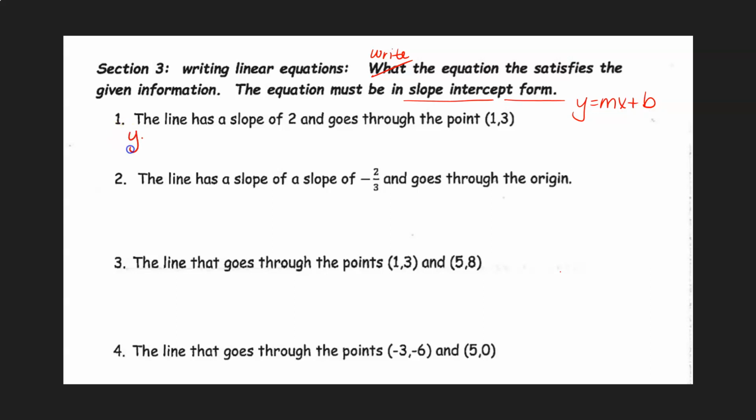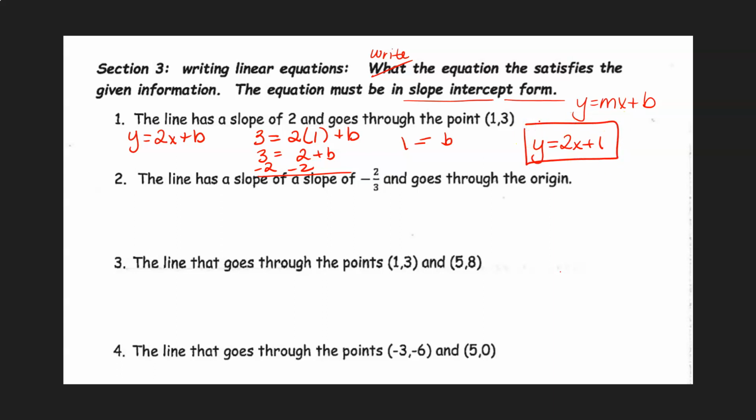So let's fill in what we know. We know the m is 2. We can use that point. I'm going to plug in 3 for y, 1 for x to find my y-intercept. I'm going to subtract 2 from both sides. So b is 1.